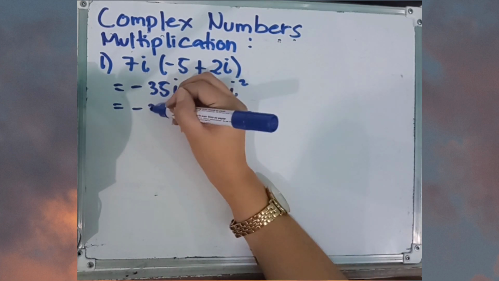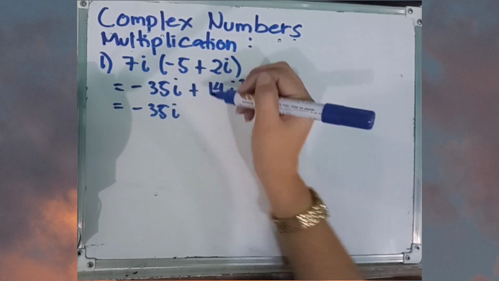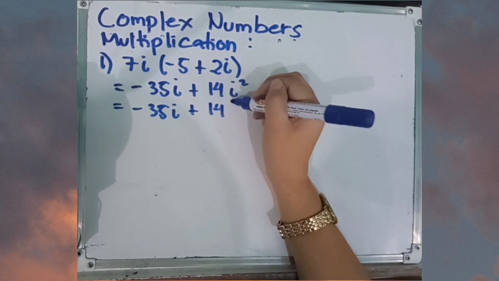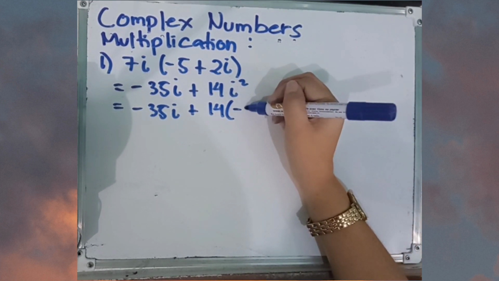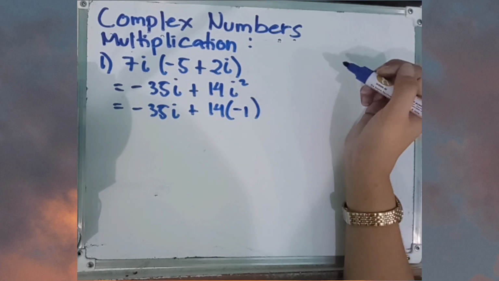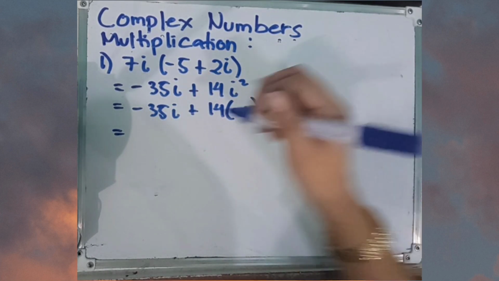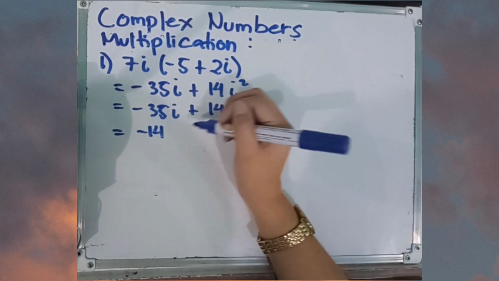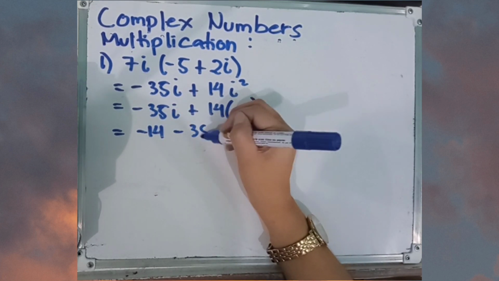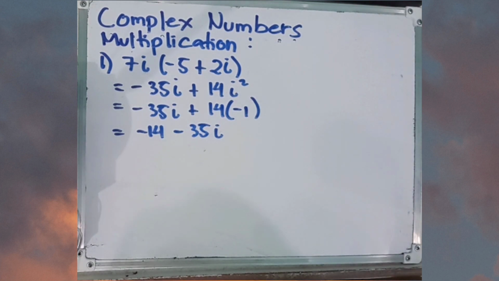So negative 35i plus 14 times negative 1. Writing the final answer in standard form, that's negative 14 minus 35i. Okay.